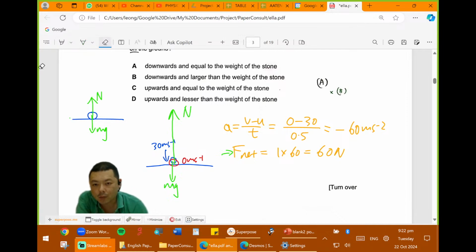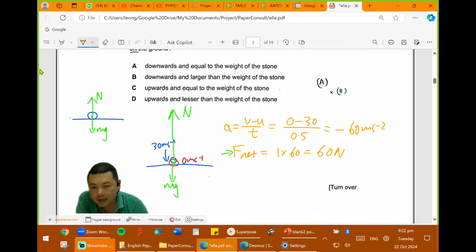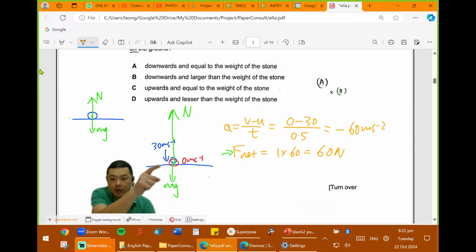Good, it should point upwards. So that's the reason why, okay? In order for this stone to come to rest, it must experience an acceleration for that very, very short amount of time, but the acceleration must be upwards, okay?